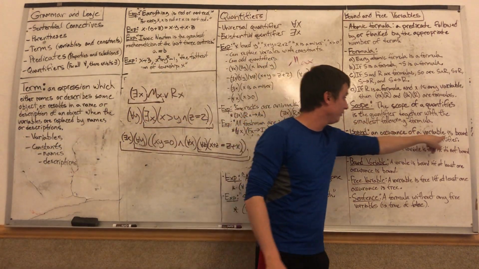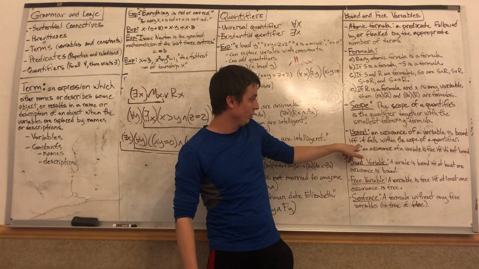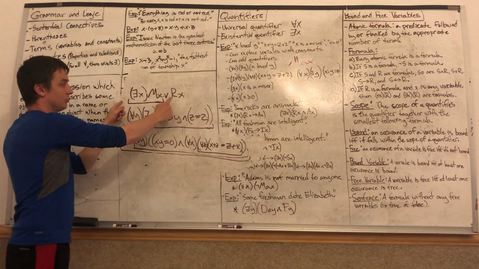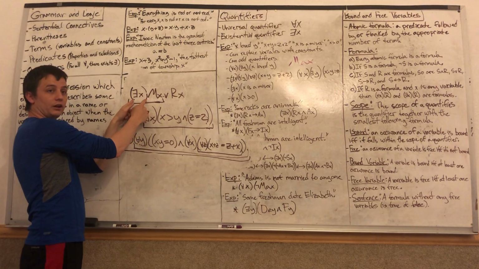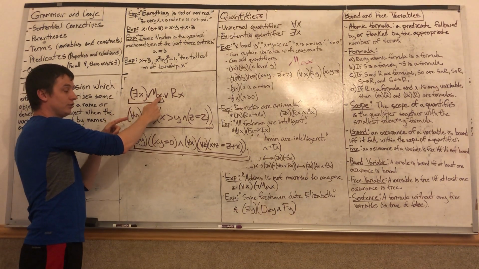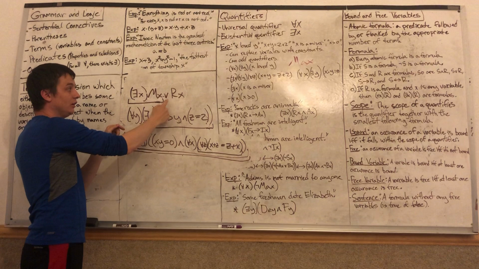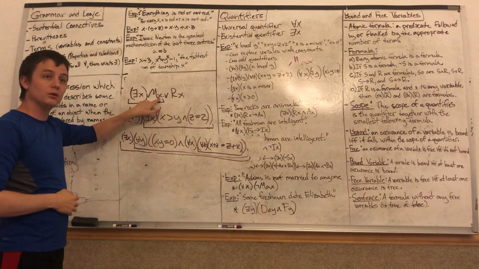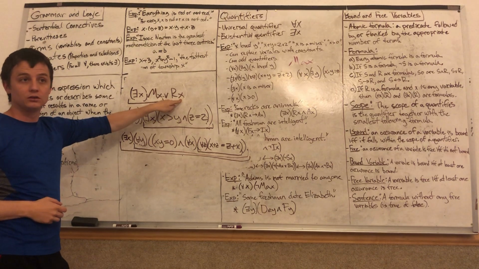This only has one quantifier in it, so there exists x. This x falls within the scope of this quantifier. This x does not fall in the scope of a quantifier. Oh! This one is bound, this one is not bound.